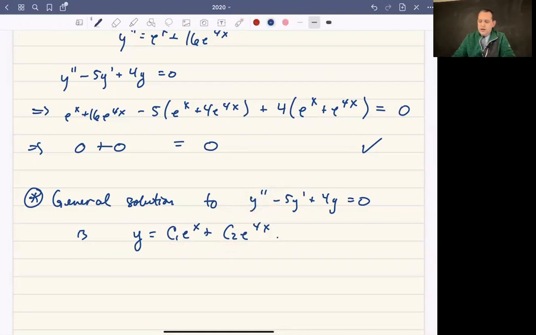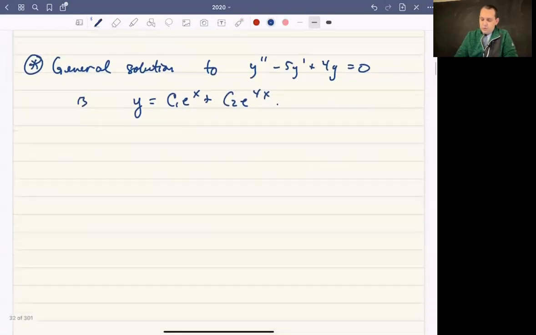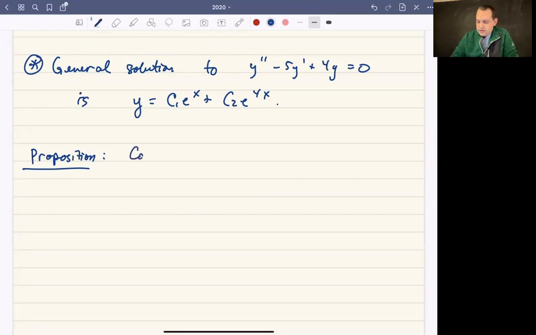So let's go ahead and write down this rule in general. I'll call this a proposition. I'm just going to write this down for second order ODEs, but this extends to nth order ODEs where n is as big as you want. So consider the differential equation. This has to be linear and homogeneous.